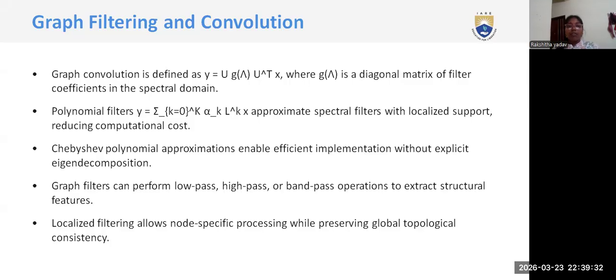Graph filters can perform low pass, high pass, and band pass operations to extract structural features. Localized filtering allows node specific processing while preserving global topological consistency.